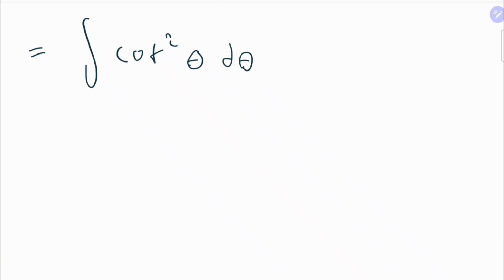So, cotangent and cosecant behave pretty similarly to tangent and secant.